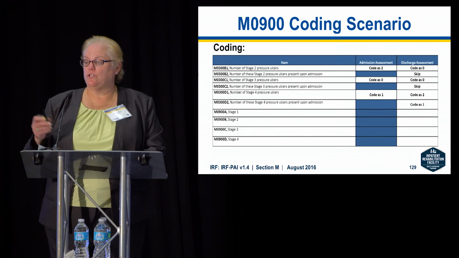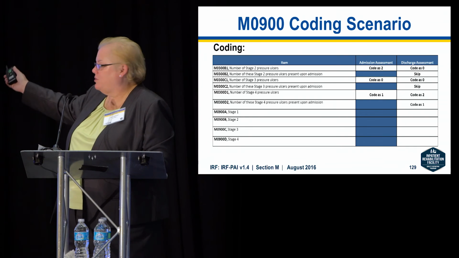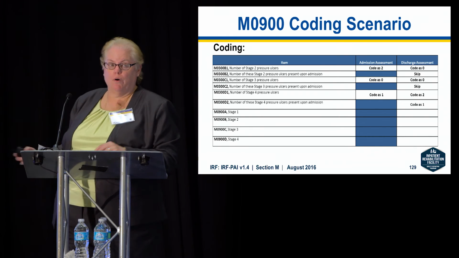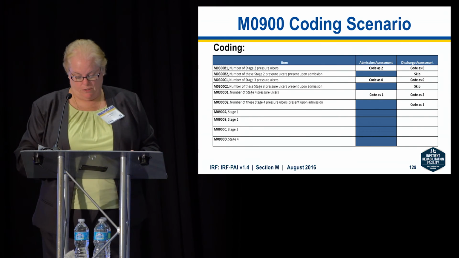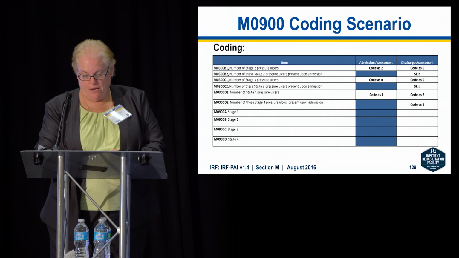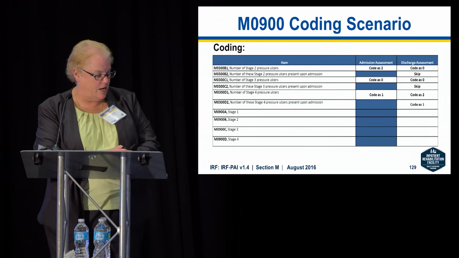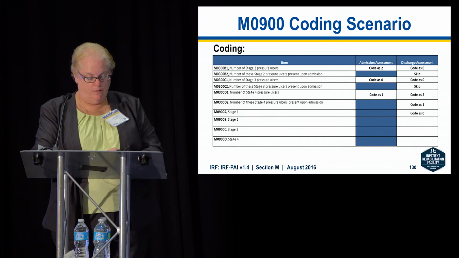Okay, right. So one of them was present and then they developed another one, right? So of the 2 that we have talked about in stage 4, one of them was present at admission. And then we are looking at M0900A, stage 1, stage 2.